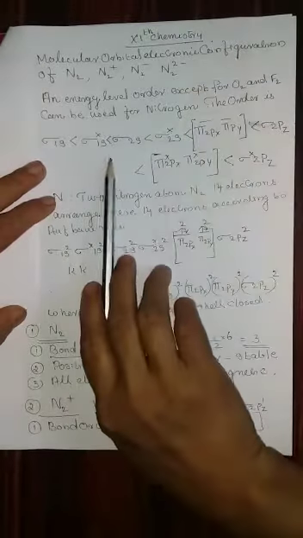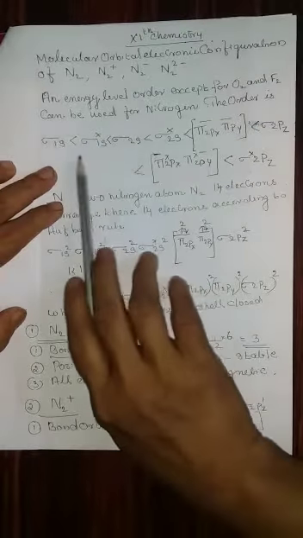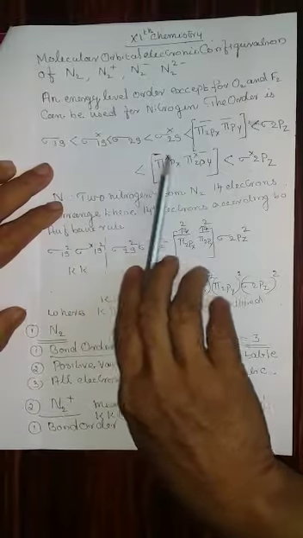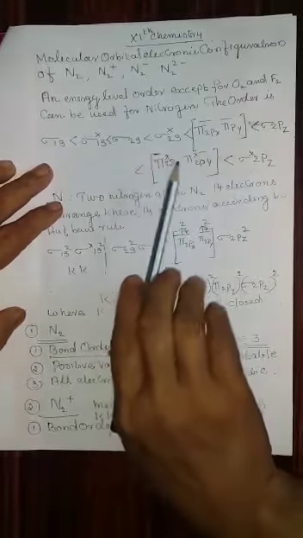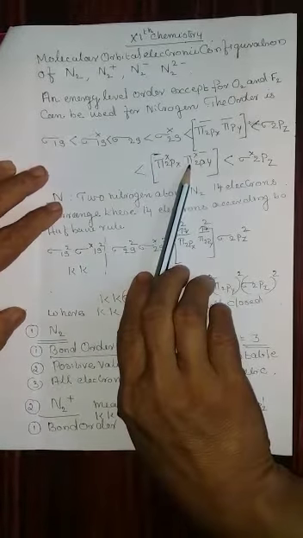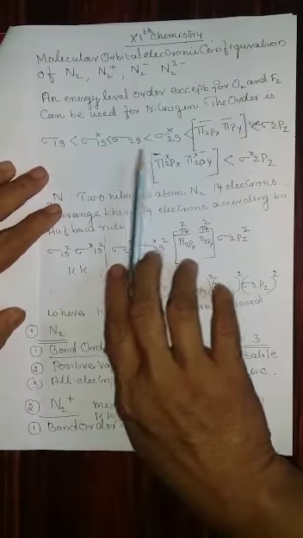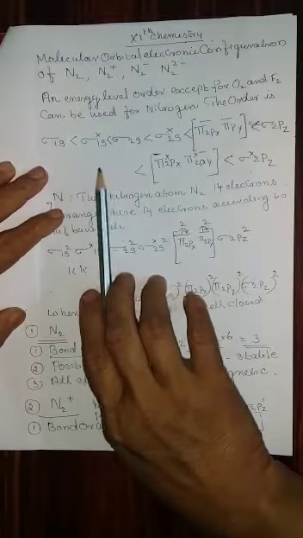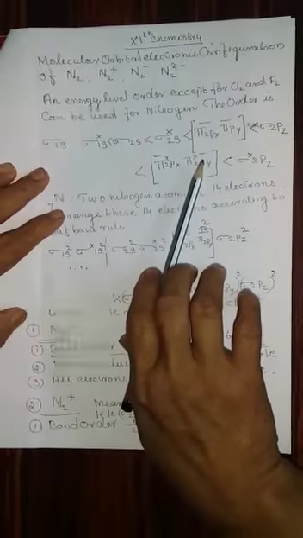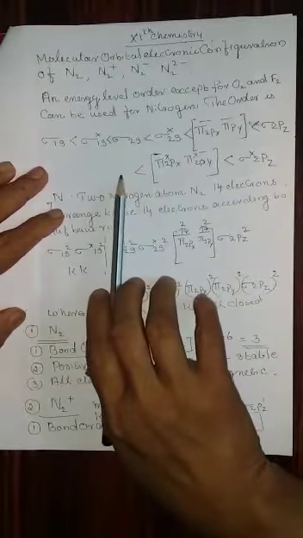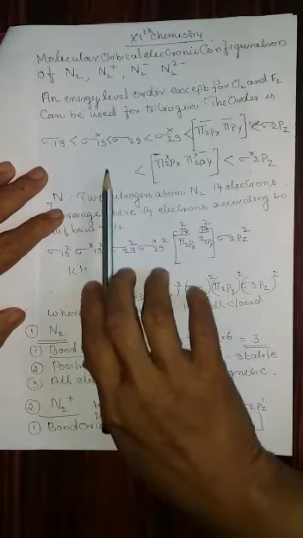Therefore, you should know the electronic configuration order and the Aufbau principle for molecular orbital electronic configuration. Except for oxygen and fluorine, one order is given, and another is given for oxygen and fluorine. The first one can be used for nitrogen.